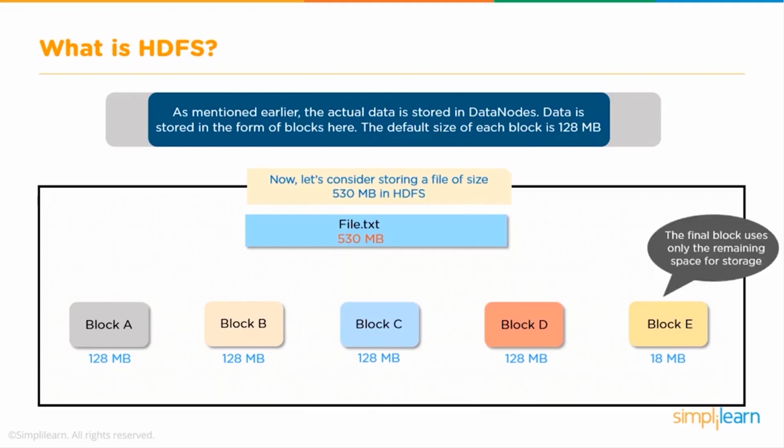Now, if we see this part, the last block, it says 18 MB. So remember one thing, your block is just a logical entity. So for a file of 1 kilobyte or 127.99 megabytes, it would still use a block of 128 MB, which does not mean there is a space wastage. Block is just a logical entity to take your data to the disk.